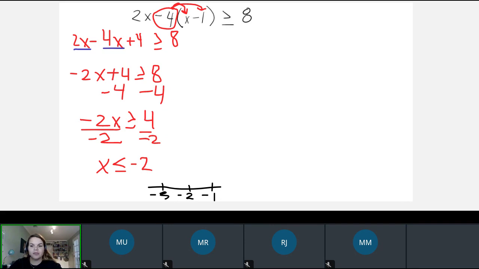It's going to be closed because I have a less than or equal to sign. So let's go ahead and draw a closed circle at -2. We're going to color it in. And then I want to shade towards all the numbers for x that could be less than or equal to -2. So I'm actually going to go to the left.